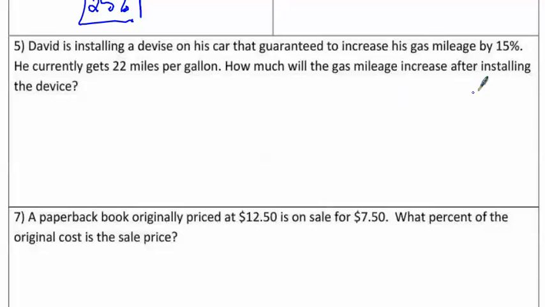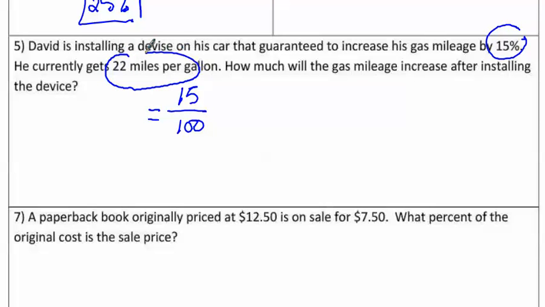When setting up this problem, you know you have 15%. Percent always goes over 100. Then he currently gets 22 miles per gallon. Okay, so that is his current whole. You want to figure out what 15% of 22 is, because that will be how much it'll increase.